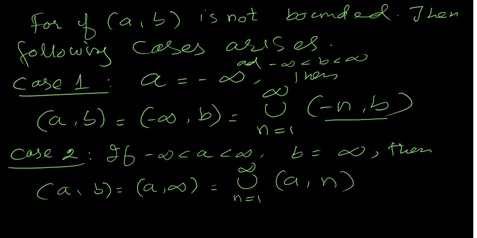Again it can be written as a countable union of bounded open intervals, because each interval is now bounded, as a is finite, n is also finite.